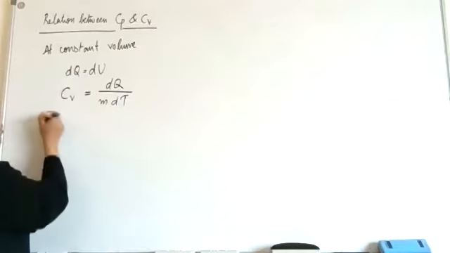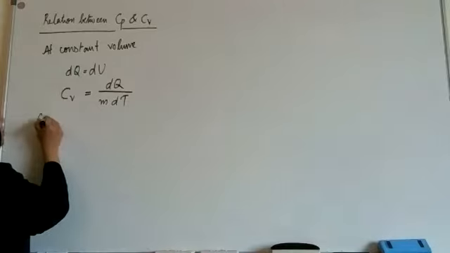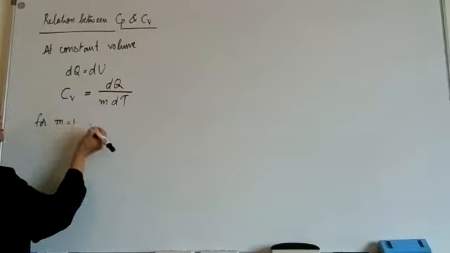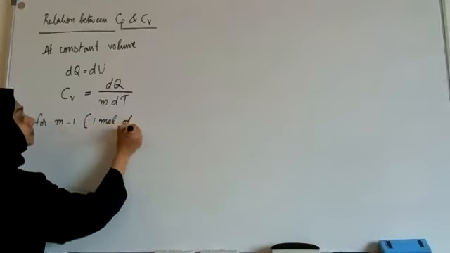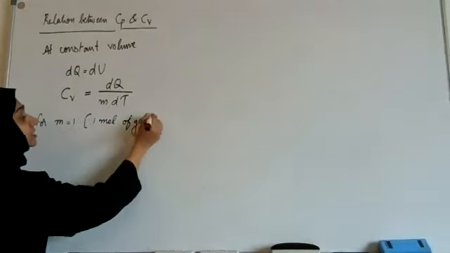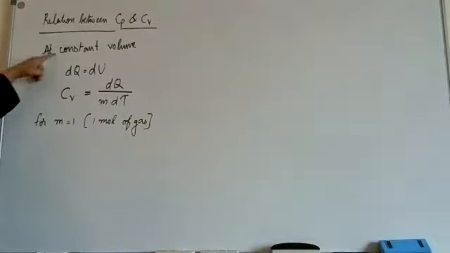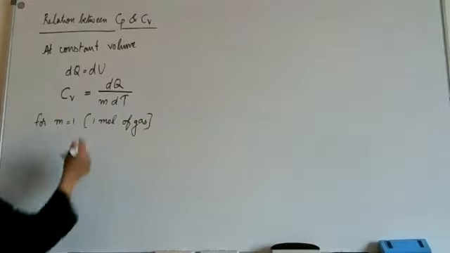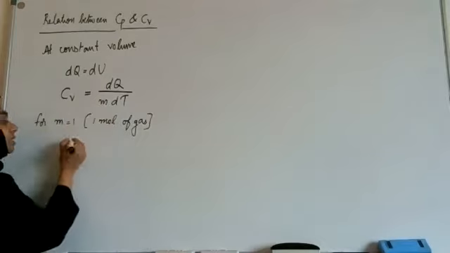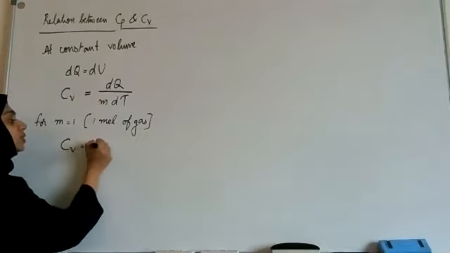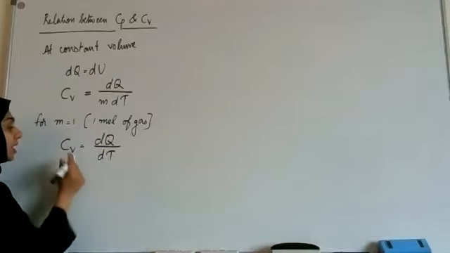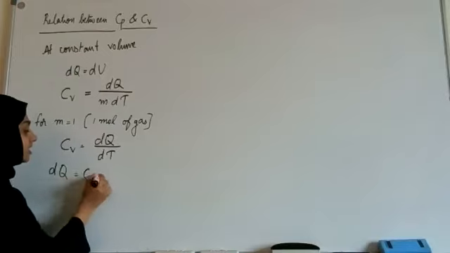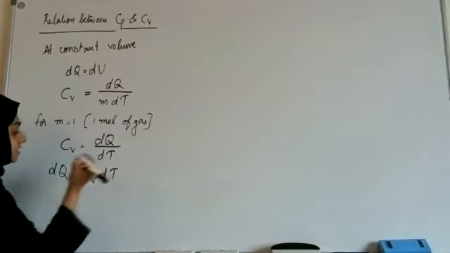Now for 1 mole of gas, m is equal to 1. When we consider 1 mole of gas at constant volume, Cv will be equal to dQ divided by dT. Or you can write dQ as equal to Cv times dT.